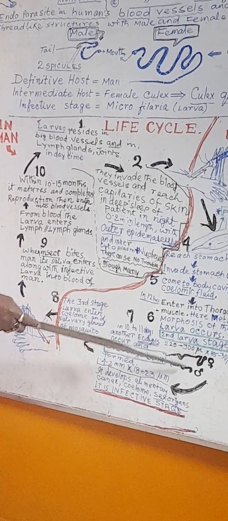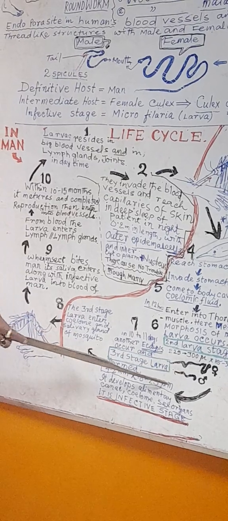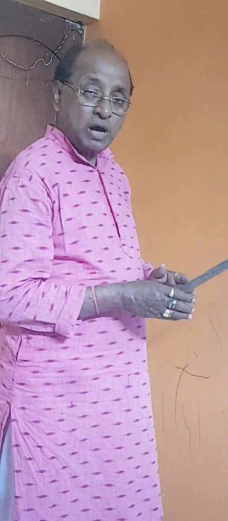Then this larva enters into the body. You see, in 10 to 12 days, there is another ecdysis. Ecdysis is the throwing out of its outer coating. This is known as ecdysis.